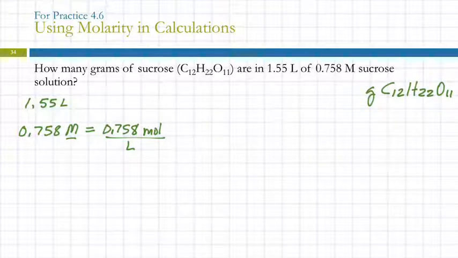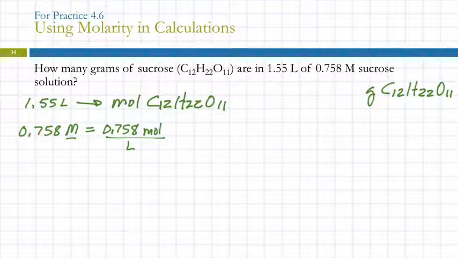So I could do liters to moles. It's moles of the solute, which is the sucrose, and then how do I get from moles of that to grams? Molar mass. So 2 steps.